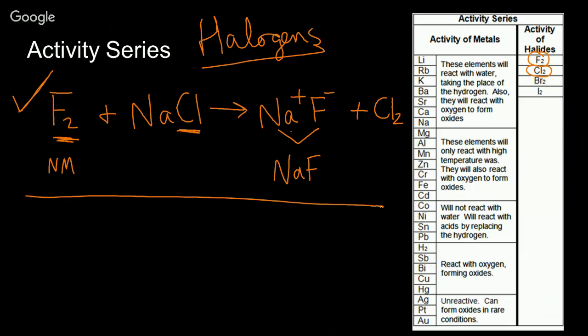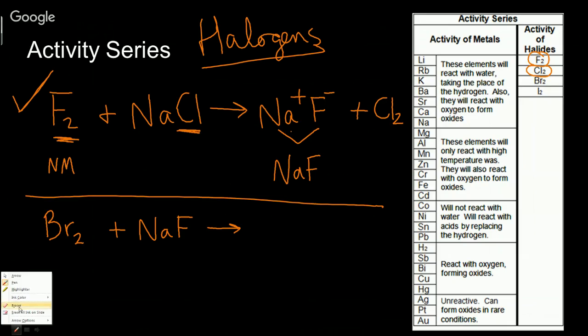An example where this reaction is not successful, let's take bromine with that newly formed sodium fluoride. We want to know, does this reaction take place? Well, we look for bromine.